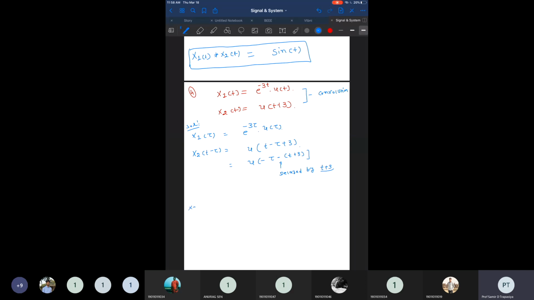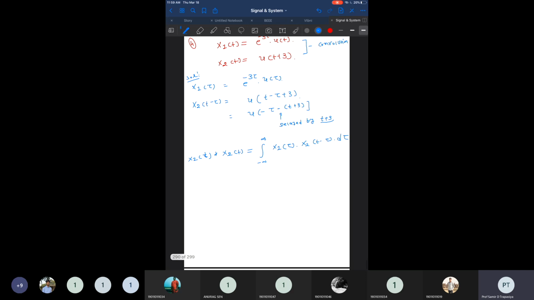So now if you find the convolution operation between the signals x1 of t and x2 of t, it is equivalent to the integral from minus infinity to infinity of x1 of tau into x2 of t minus tau d tau.